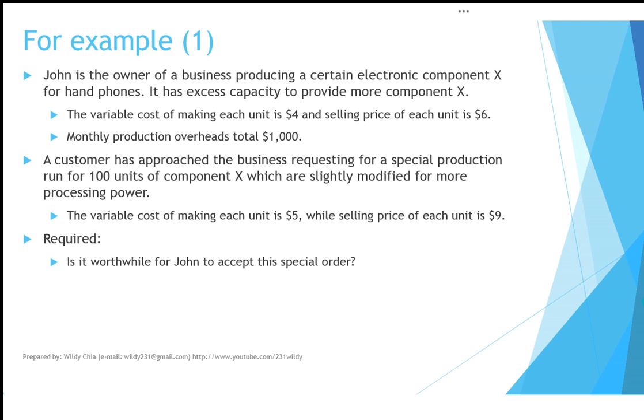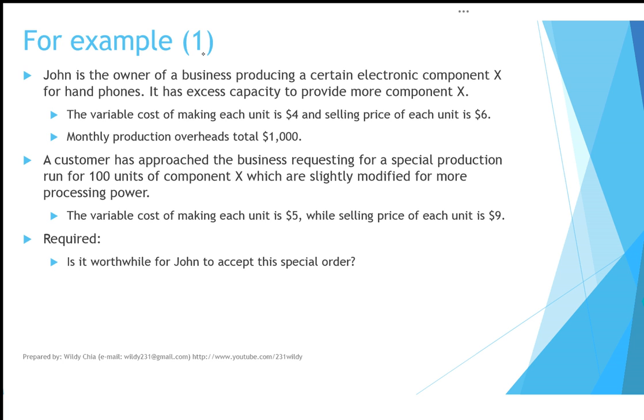Let's look at a very simple example of a decision making process. John is the owner of a business producing a certain component X for handphones. It has excess capacity to produce more component X. Now the variable cost of producing each unit is $4, selling price $6.